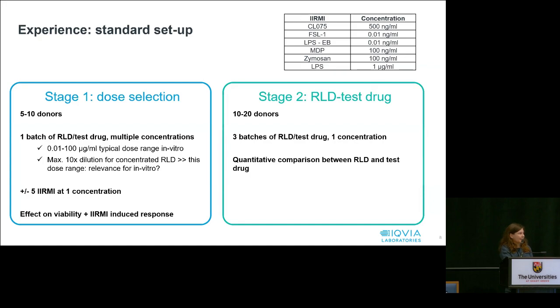After we have selected the dose, we do then the actual comparison of the RLD versus test drug. So for that, we typically use 10 to 20 donors. I will come back later to the question about the number of donors to include in these assays. There, typically, 3 batches of RLD and test drugs are evaluated at 1 concentration.